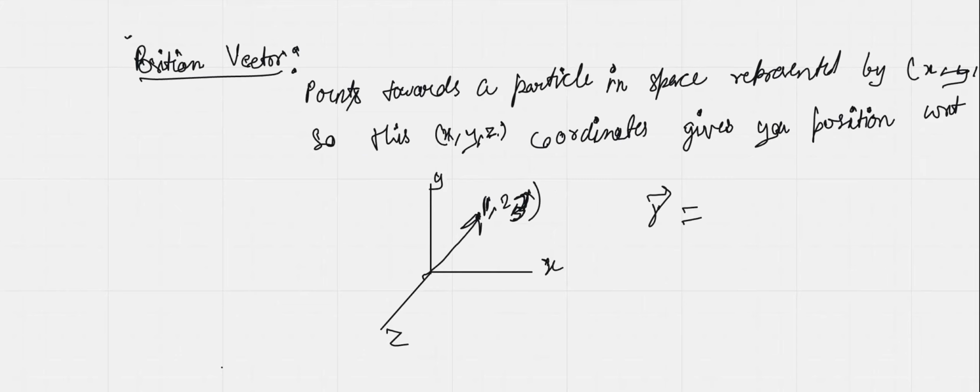Since it contains all three directions, you write x in i plus y in j plus z in k. These are the things you have to remember.